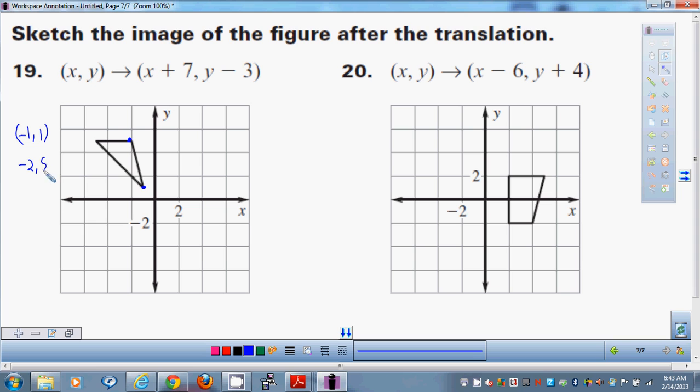Now, time to pick on somebody. Hey, Jensen. What do I do to these coordinates? Well, they're already graphed. So, how does this affect our coordinates?